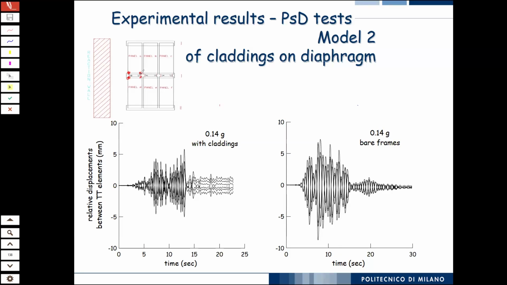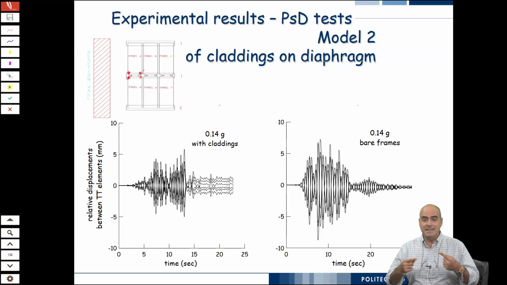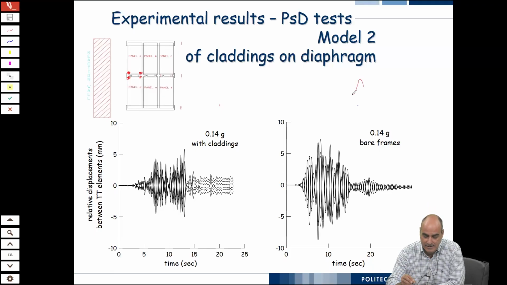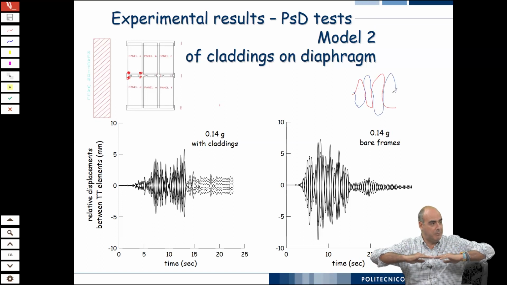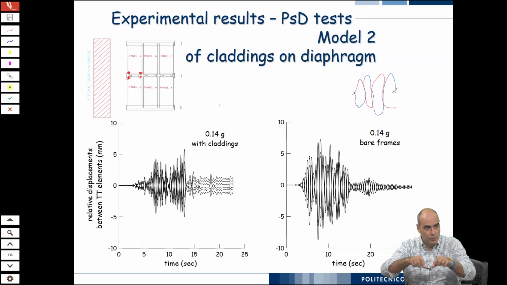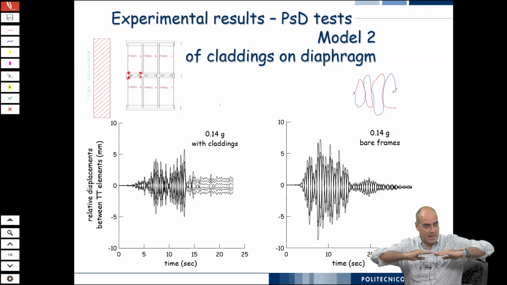And you see, if you look at these curves, you clearly can see that the two sensors work in phase opposition. So the sinusoidal waves are not superimposed. One does like this, and the other one does like this. When one is going positive, positive means that the elements tend to detach from each other.